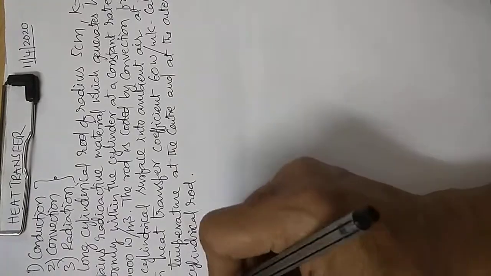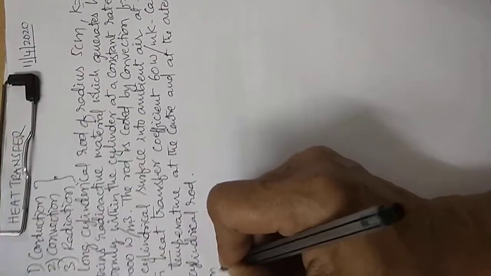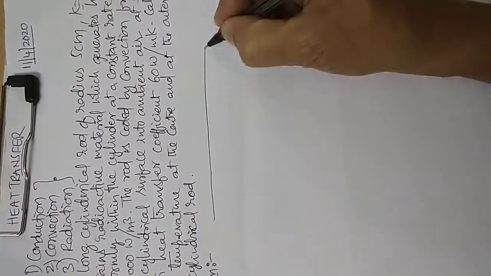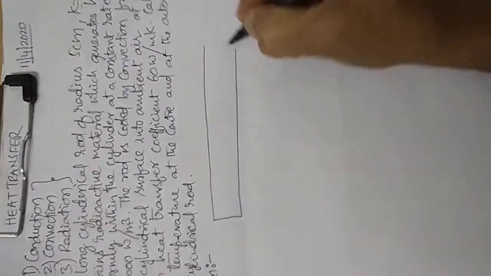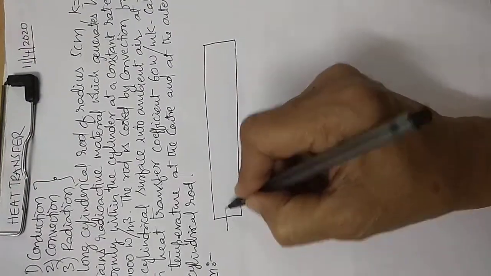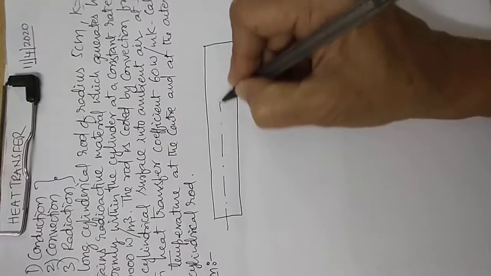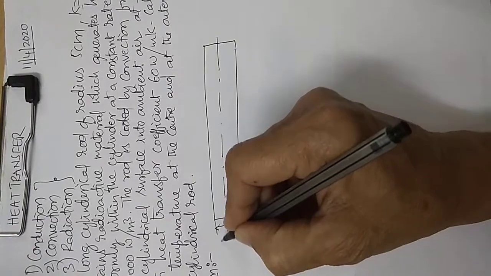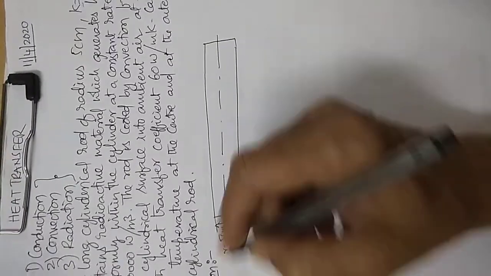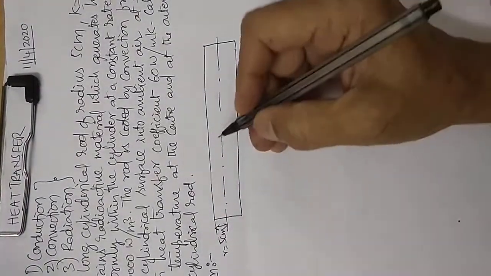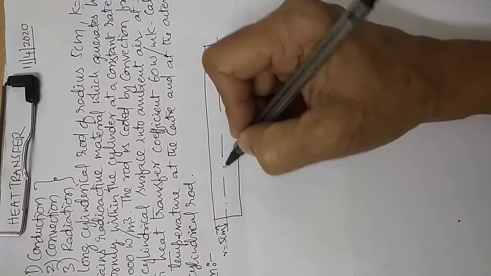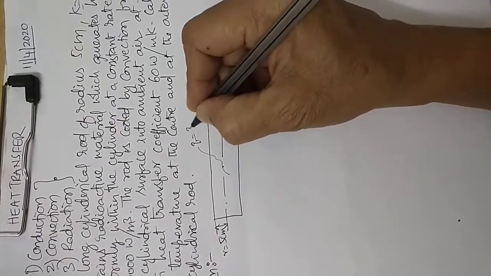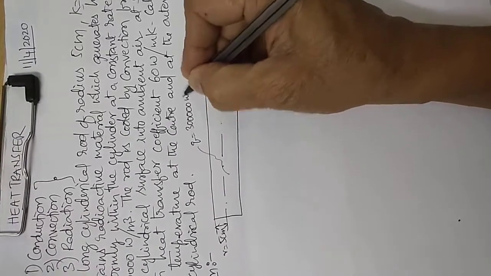So let's put the problem in a diagrammatical format. As it is a cylindrical rod, let's draw the cylindrical rod like this. Its radius is given as 5 centimeters, so R is equal to 5 centimeter. The rod is generating heat Q at a rate of 3 lakh watts per meter cube.